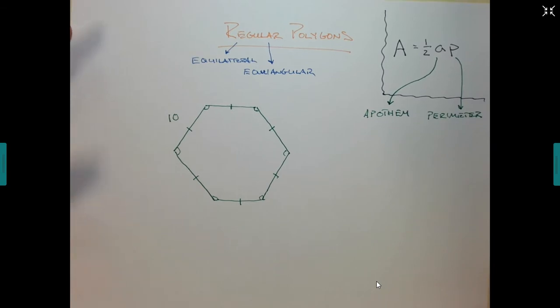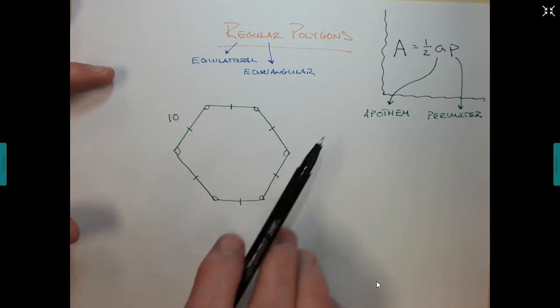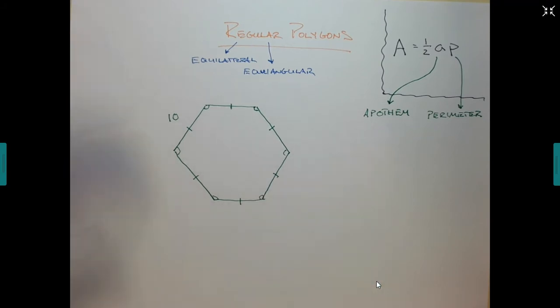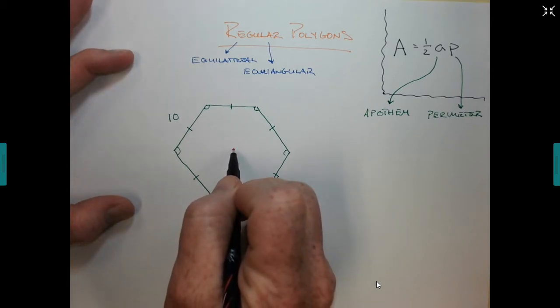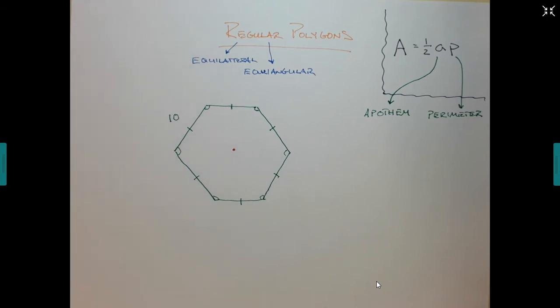What the heck is an apothem? More than likely, that's a very new word for you. Well, let's take a look at what an apothem is. Let's first off talk about some stuff that we might already know. If I put a point here in the middle of the object, hopefully you realize that point is referred to as the center.